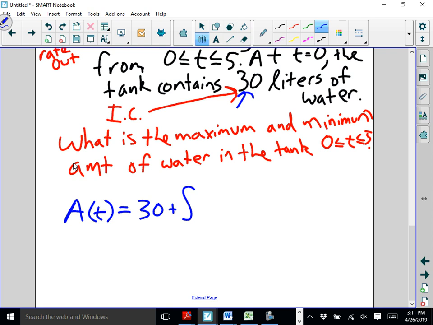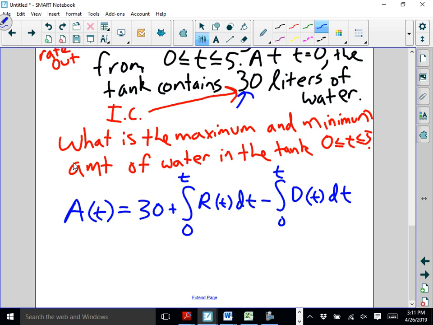So we don't have to change the lower limit of integration. So it's going to be the integral from 0 to t of r of t dt. It's going to be the initial condition plus the integral of the rate in minus the integral of the rate out. Okay. That is my formula.